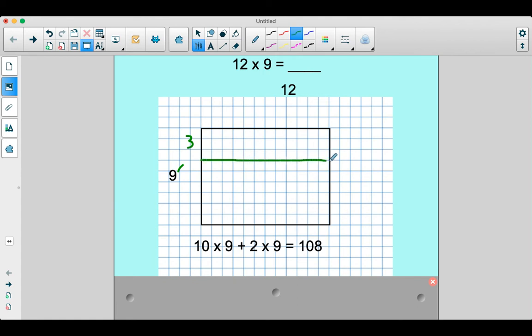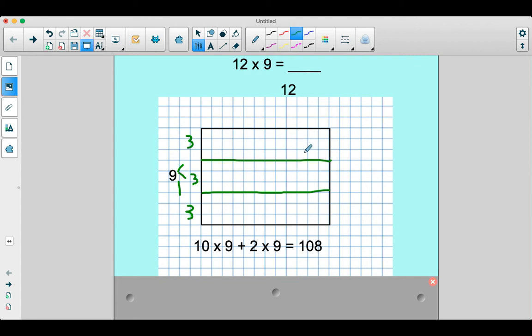Let me see, I'm going to get my 3s in there first. 1, 2, 3, and another 3, and another 3. So maybe you're like, aha, I only have to solve 3 times 12 and then do it 3 times and I'll get my answer.